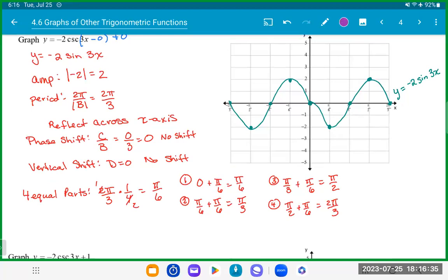So everywhere we see our graph crossing the x-axis, we need to come in here and put in an asymptote. Okay, so we have our asymptotes built in.